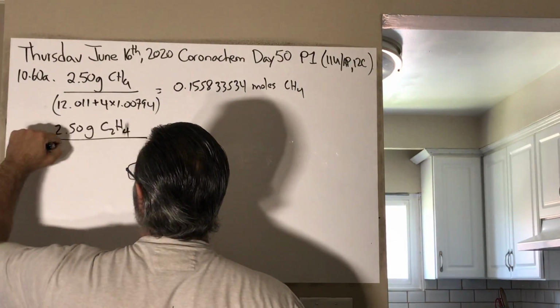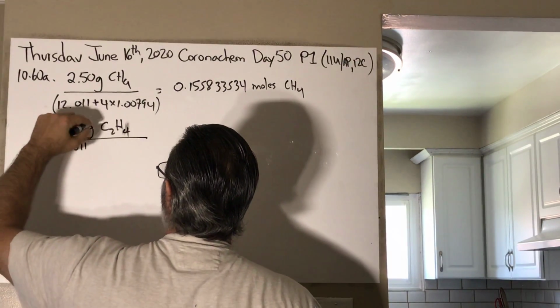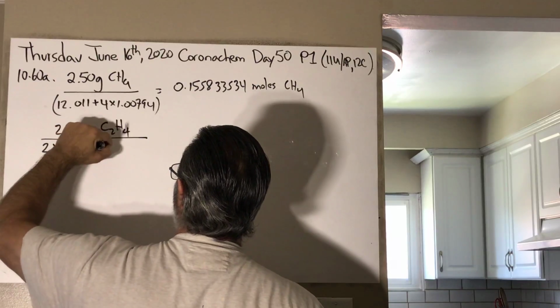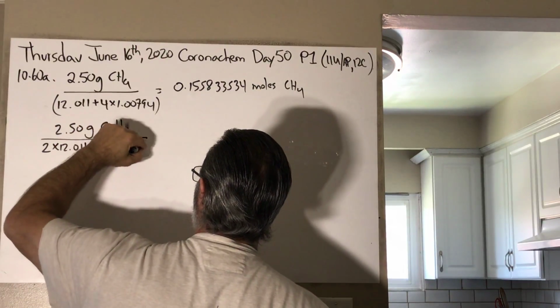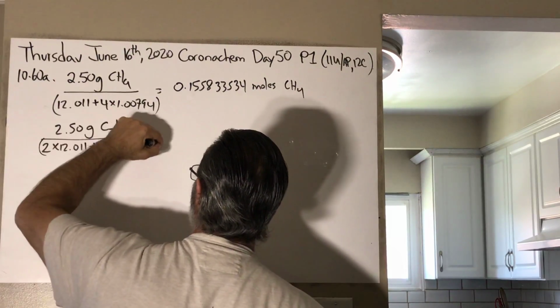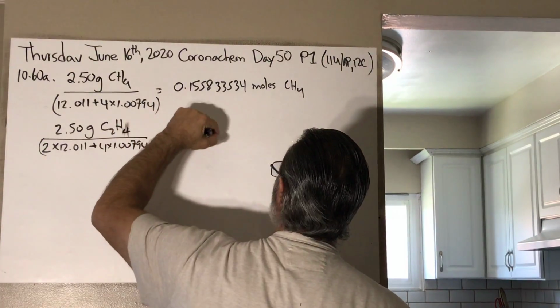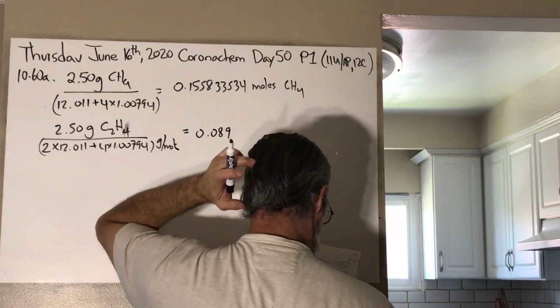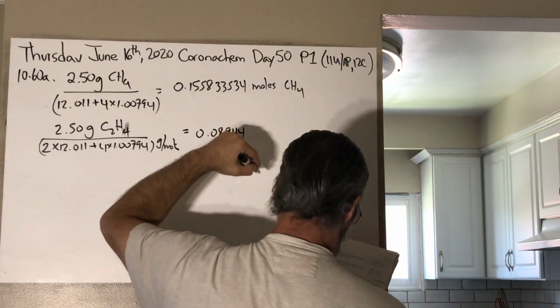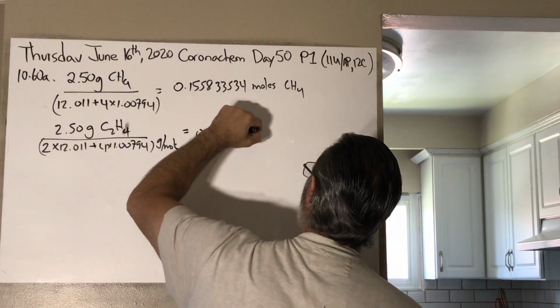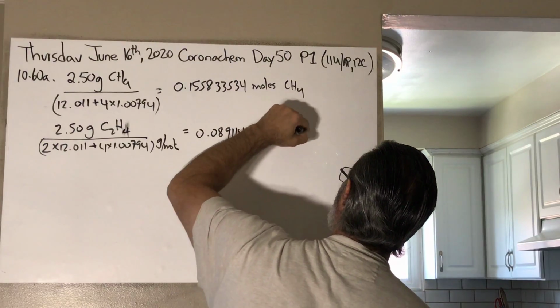With a molar mass of 2 times 12.011 plus 4 times 1.00794 grams per mole. That gives you 0.089114 moles of ethene.